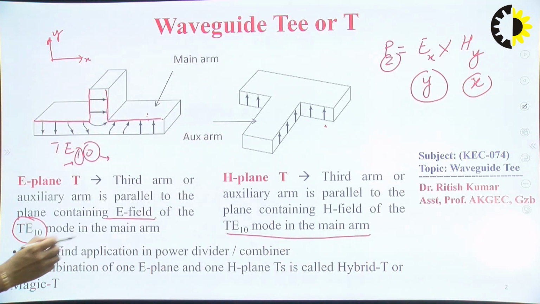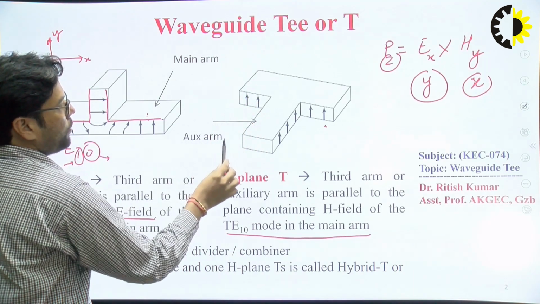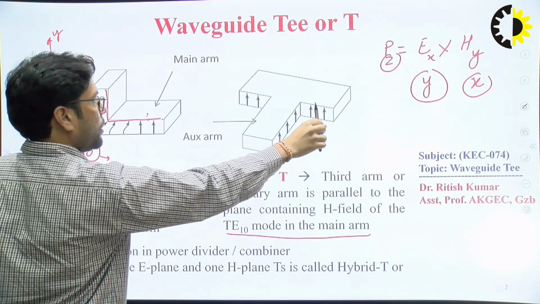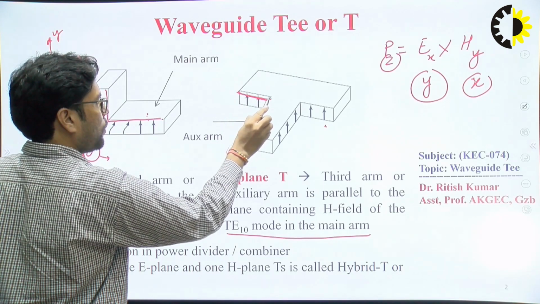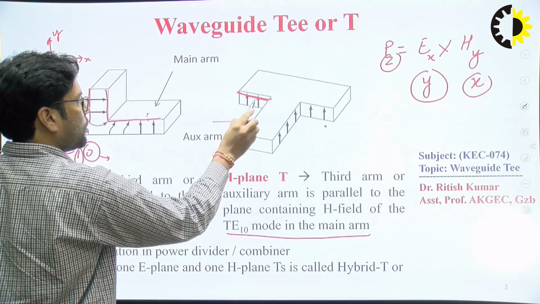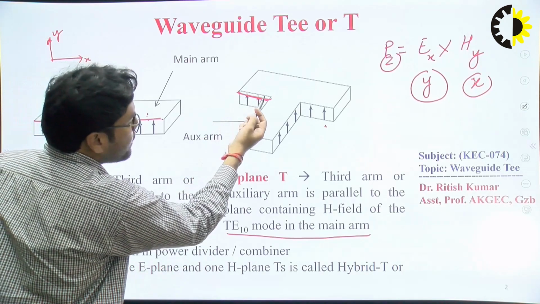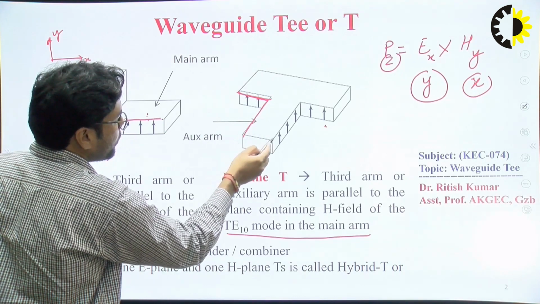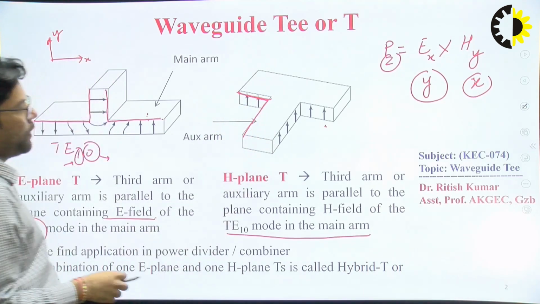So here you can see in the main arm the field is oriented in the bi-direction, right. So again this boundary always has the arrow. You can observe here the direction of the arrow is the same in the auxiliary arm as well, right.